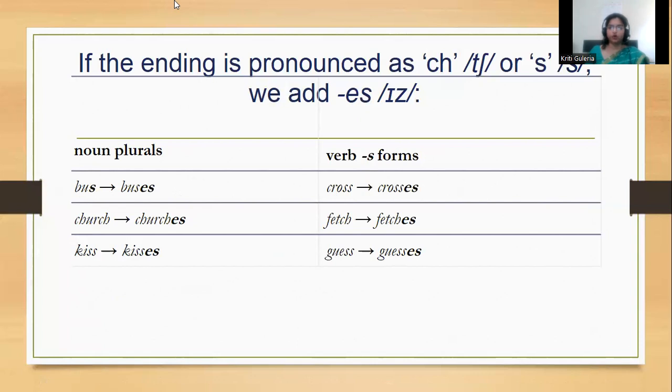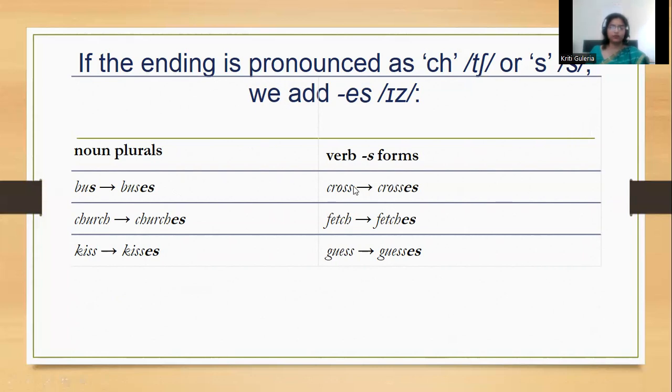Now, as you can see, if any word is ending with the sound sh, ch or s, we add es. Bus becomes buses. Church becomes churches. Kiss becomes kisses.